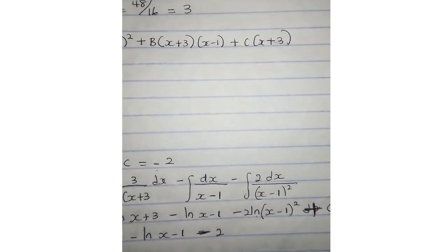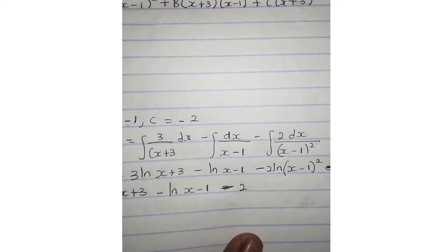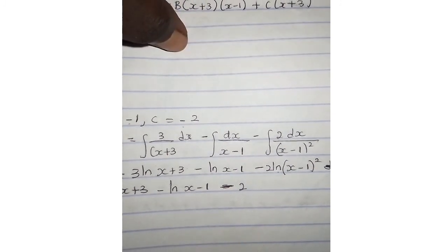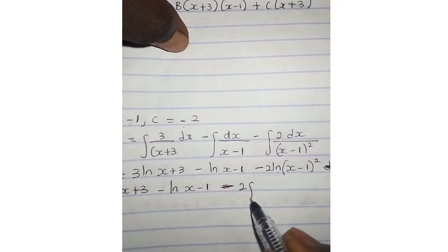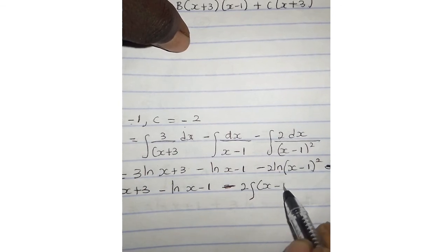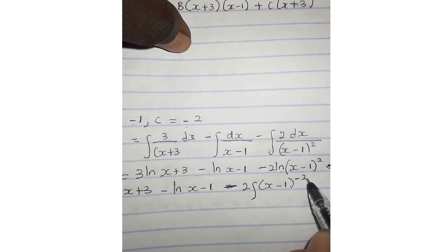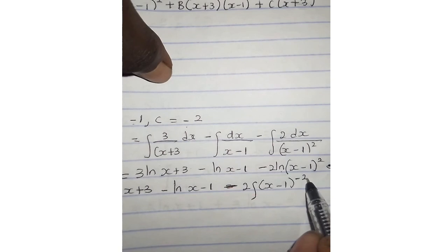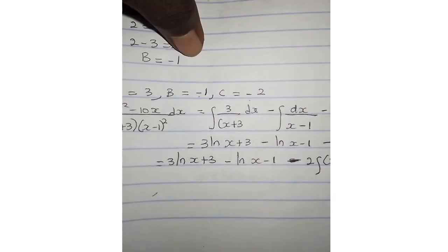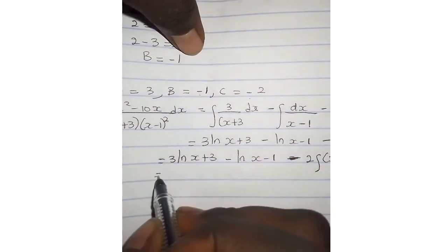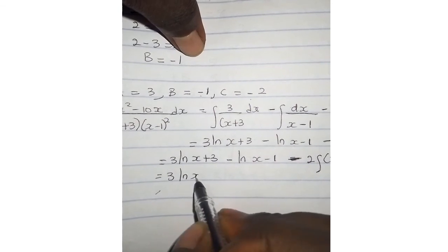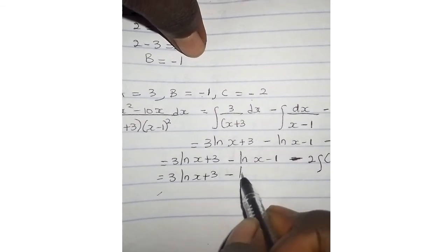So when we continue integrating, we're going to have 3 ln of (x plus 3) minus ln of (x minus 1).